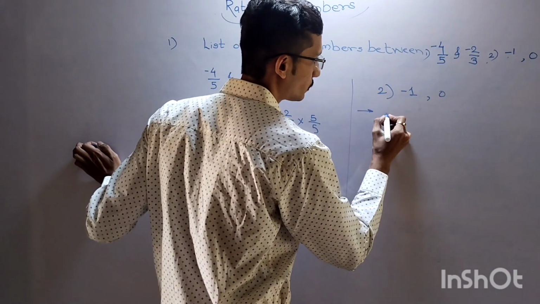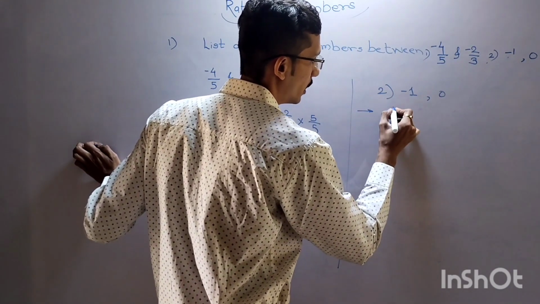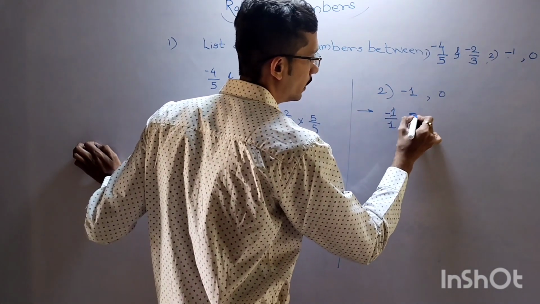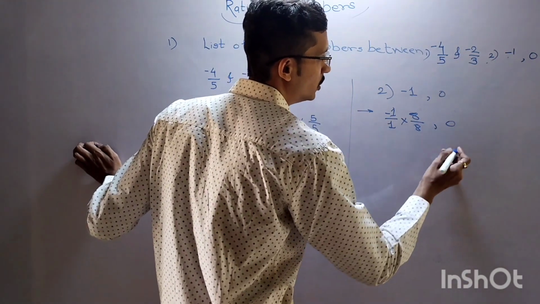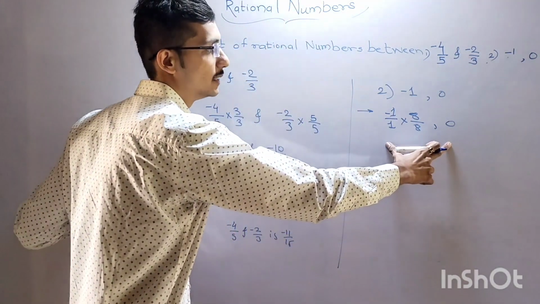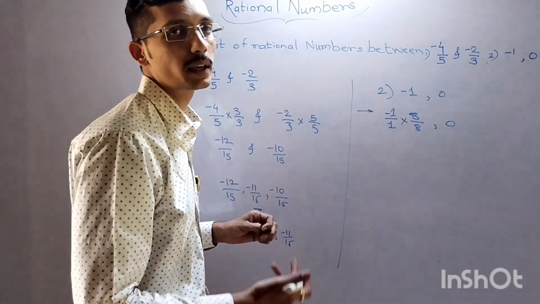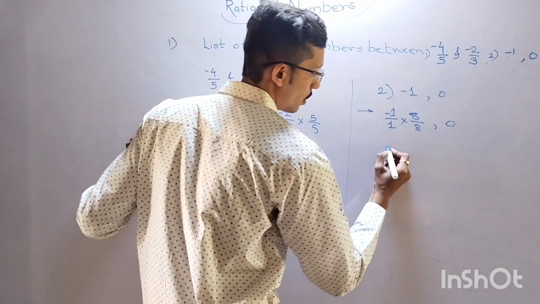We multiply -1 by any number, let's take 8 upon 8, and 0 is taken as it is, because if we multiply any number by 0, the answer is again 0. So the answer will be -8 upon 8 and 0.